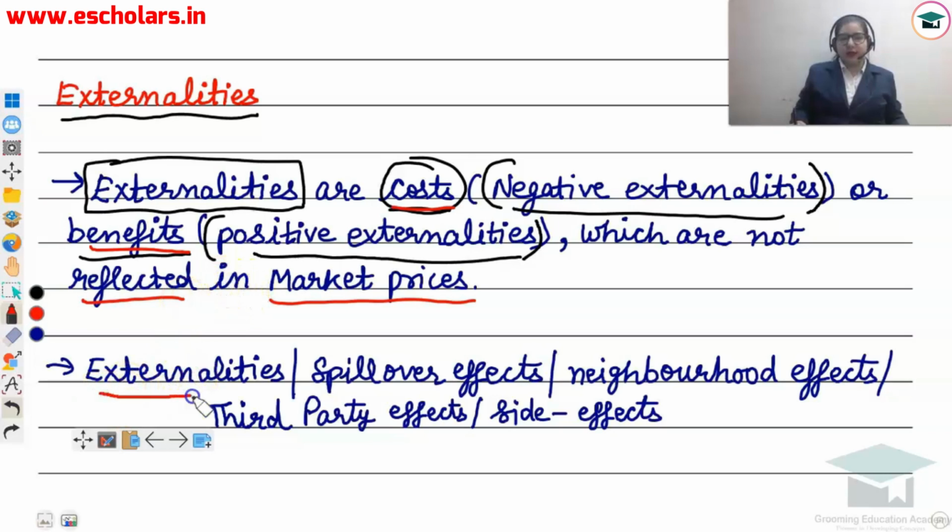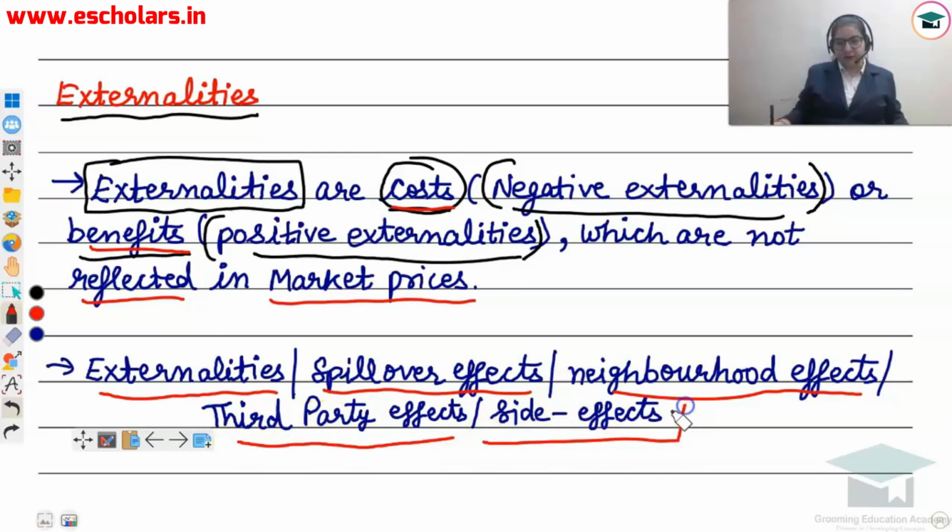Also students, externalities are known as spillover effects also, neighborhood effects also, third party effects also, and side effects also. As externalities create the effects, either the positive or the negative effect, for another person who is not directly involved in the production or consumption of the goods.